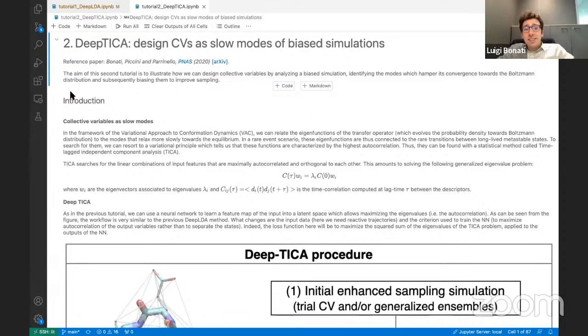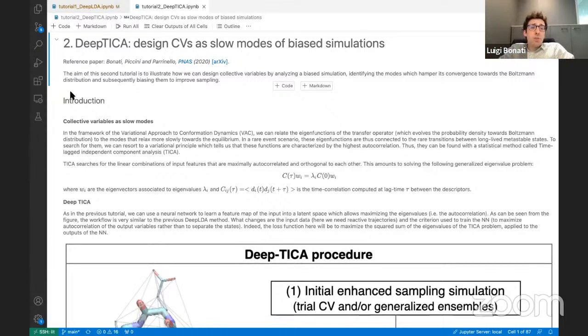Okay. Let's put ourselves in the situation that also Pavel was asking about. Let's say we used such a CV, we enhanced the sampling, maybe we see some transitions, but it's not as good as we were hoping for. So we are not able to accurately reconstruct the free energy. What can we do?